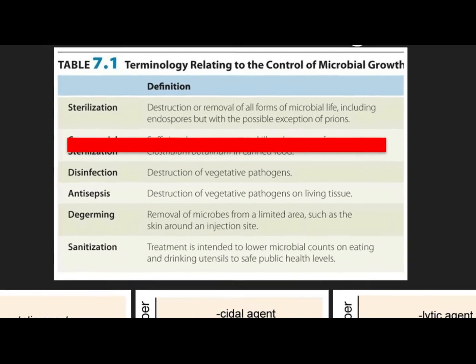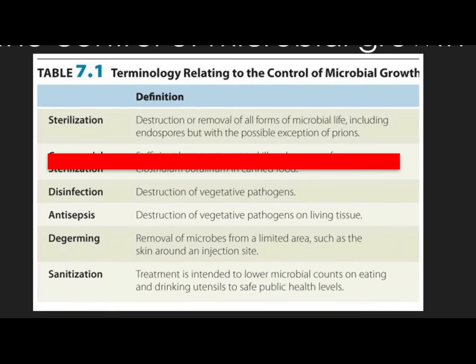First up is the word sterilization, which is probably familiar to you, but just so that we have a context for what we mean when we say sterilized in this class. We mean the destruction or removal of all forms of microbial life, including endospores. So endospores are the hardest thing for us to kill, and so that's what we aim those techniques at.